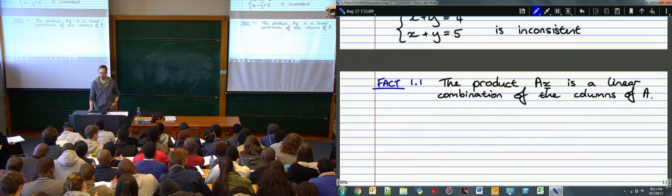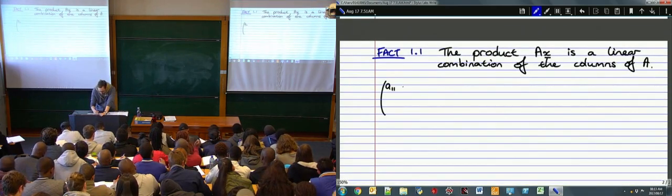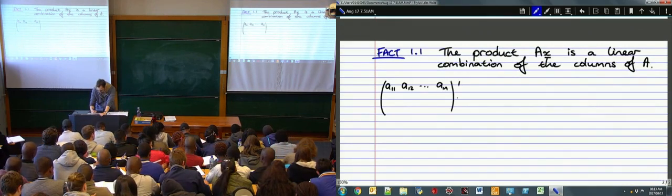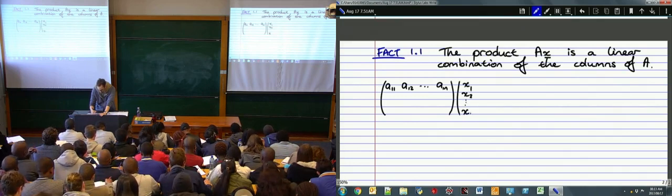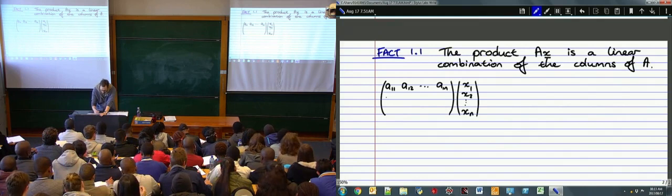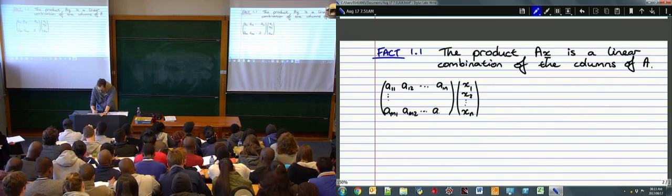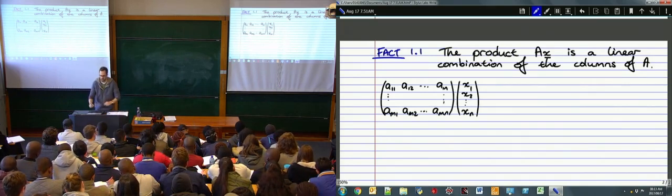And what I mean by this is that if I were to take, I guess we can write out a11, a12, all the way up to a1n, down to am, multiply this by x1, x2, this will be xn. If we do this multiplication, one way of thinking about the result of the multiplication is the following.